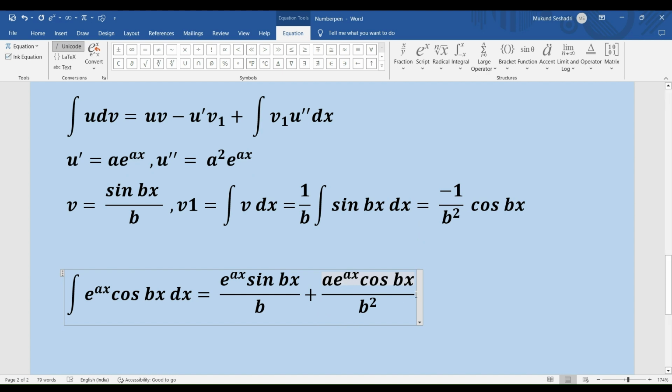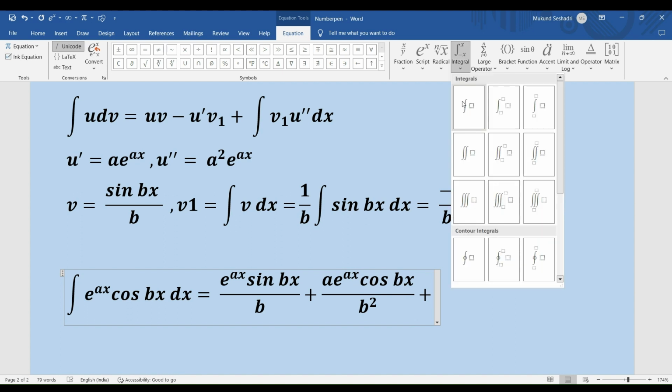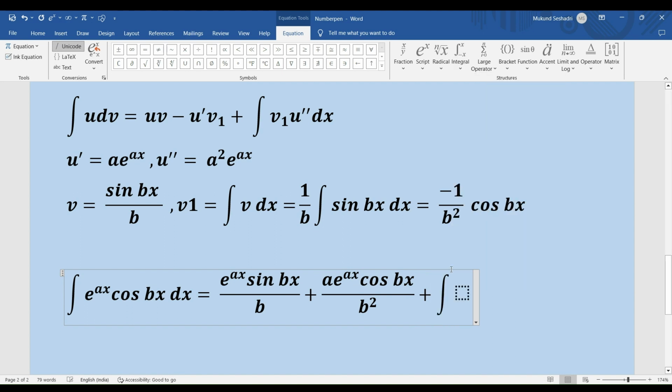Right, now let's move to the third part, which is a plus integral of, this is where I want you folks to observe this very closely. I have a v1 where I have a minus 1 by b square times cos bx, and then I have a u double dashed, which is a square times e to the power ax, right?